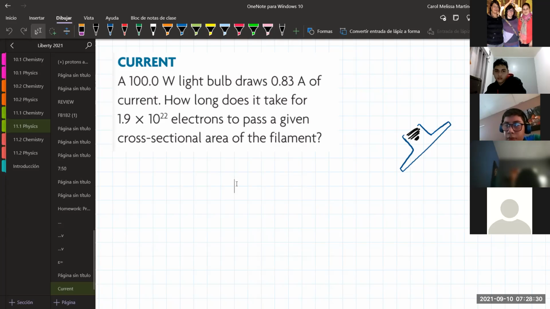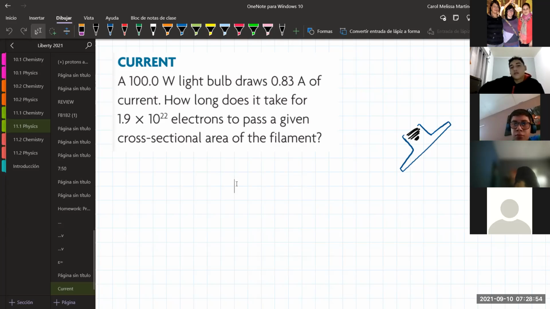And when I have this amount of electrons, I will stop the stopwatch. And in the end, I will see it takes 2 seconds, or no, it will take just 1 second. But that will depend on the amount of current that you will need.